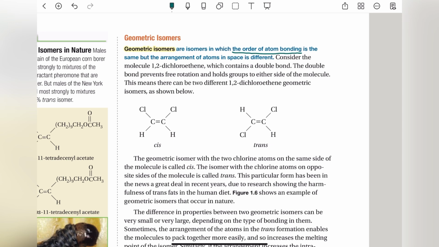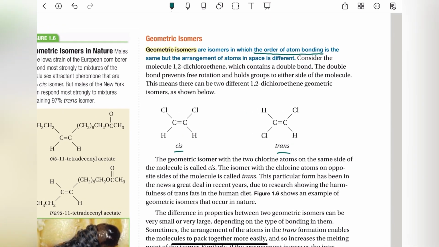Here we have a cis-geometric isomer and a trans-geometric isomer. So as you see, the structure of the compound, especially from afar, would look the same to you, but the placement of the atoms is different.